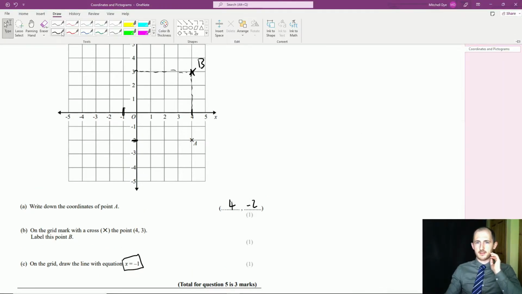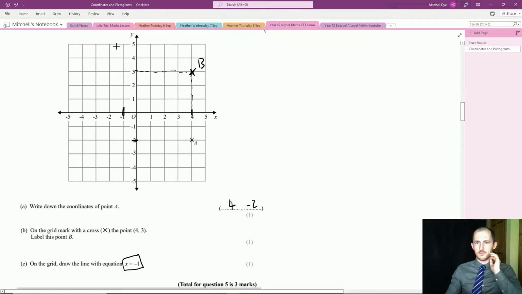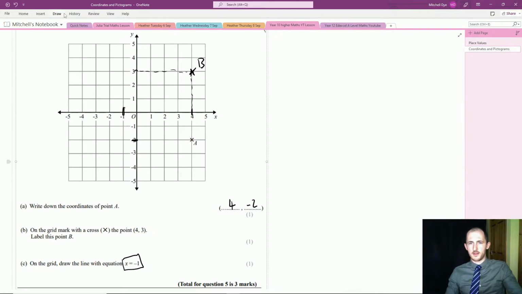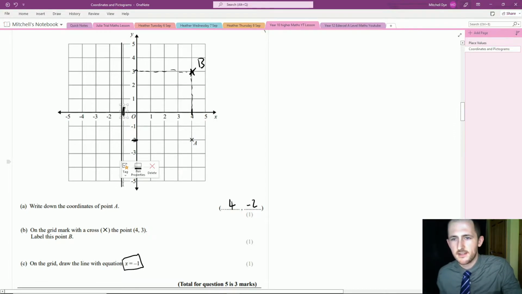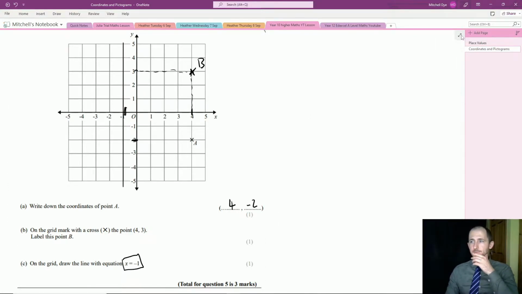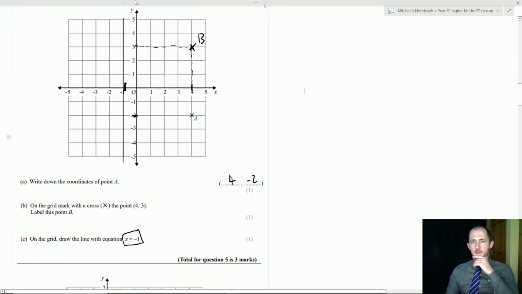So let's make it slightly neater. It's going to be like this. Okay, that was not accurate whatsoever, my bad. Right, it seems to veer off to the right a bit. Close to that. Okay, and that will be our line.